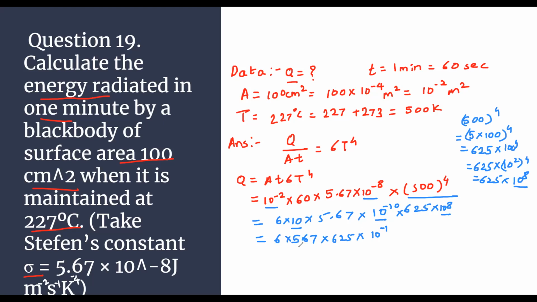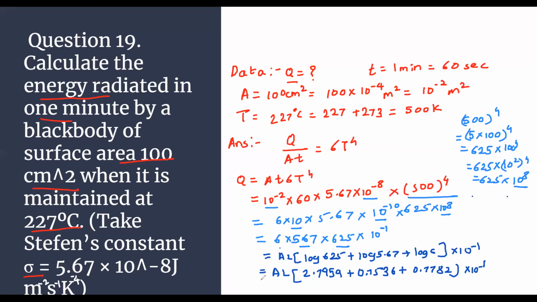Now we'll find this multiplication by logarithm. So we need to write the log of all the numbers. Log of 625 plus log of 5.67 plus log of 6 into 10 raised to minus 1.